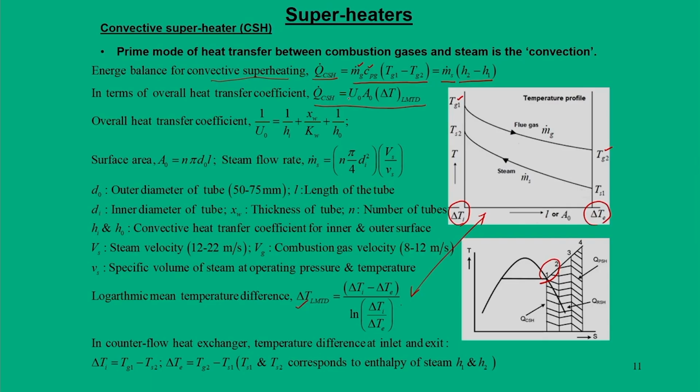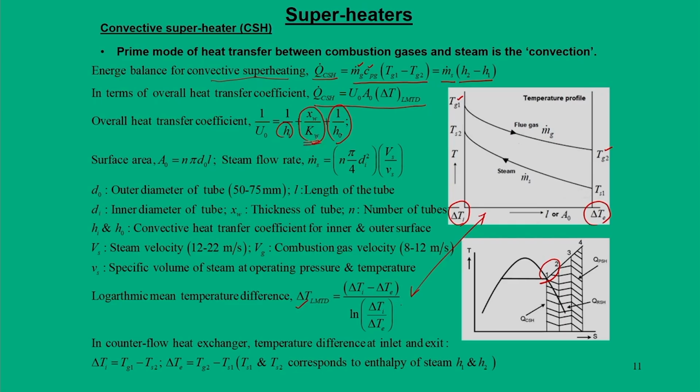Now, what is U0? U0 is the overall heat transfer coefficient, and this is related to the convective heat transfer coefficients for the outer wall and for the inner wall, and the thermal conductivity along the thickness.